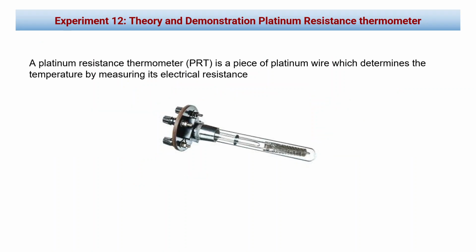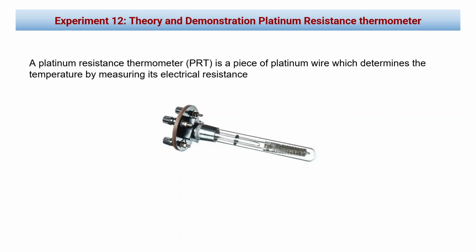And now, okay, there's one more thing, but details of this particular thing will be discussed in the upcoming week. But because it was introduced, let me tell you about this also. This experiment will be about theory and demonstration of the platinum resistance thermometer. As we are talking about different kinds of thermometers, all our life we have seen the mercury based thermometer, right?